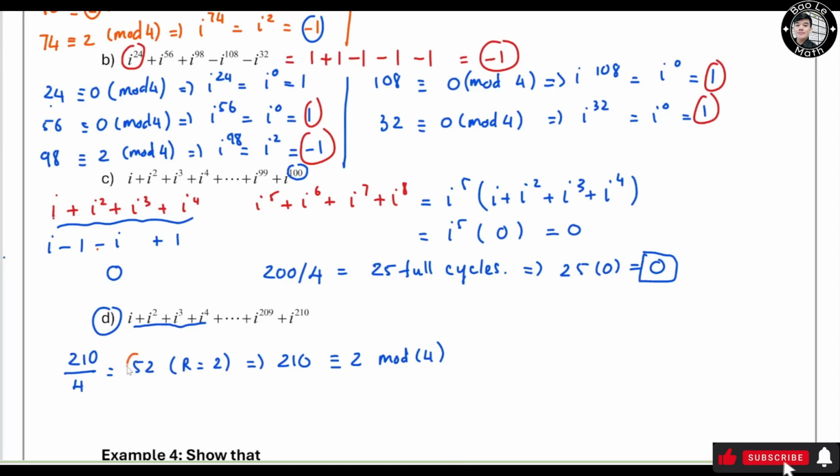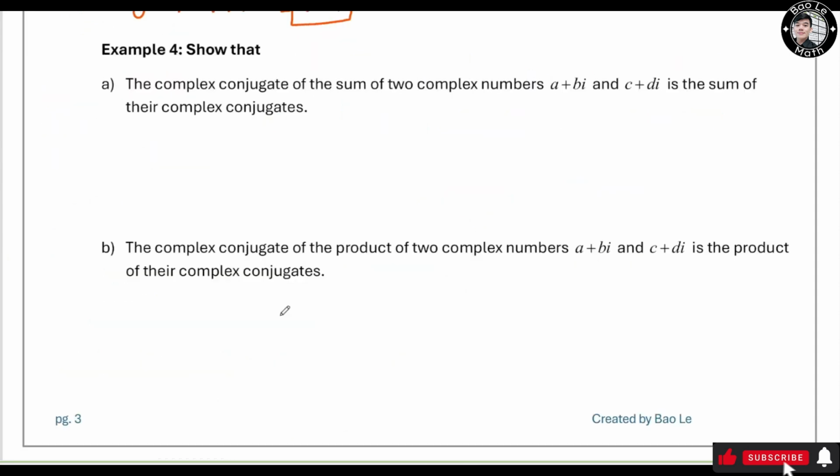So then the sum of 52 cycles is 0, right? Then we have the leftover right here, right? So the leftover is i plus i squared, which is i minus 1, right? This one is the final answer.